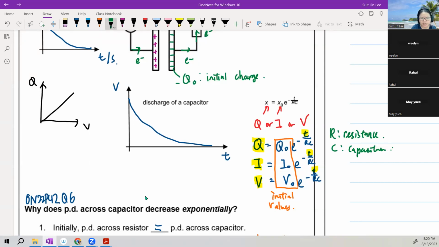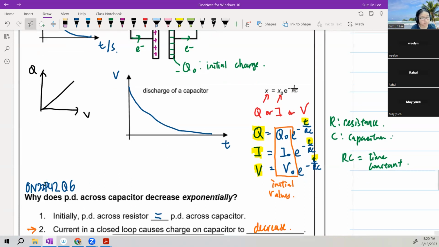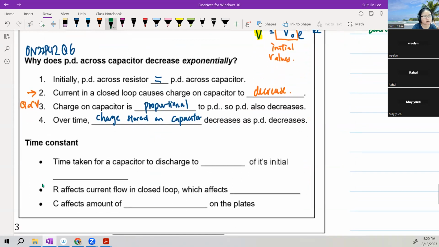Okay, so this RC is actually a constant, and we like to call it the time constant. So it's like a constant in your equation, depending on how I arrange the circuit. All right, so we need to define the time constant. The time constant symbol is tau, same symbol as torque. So time constant is equal to RC.